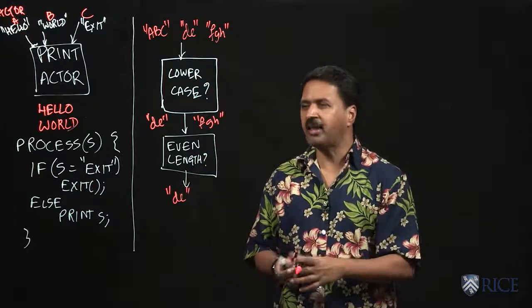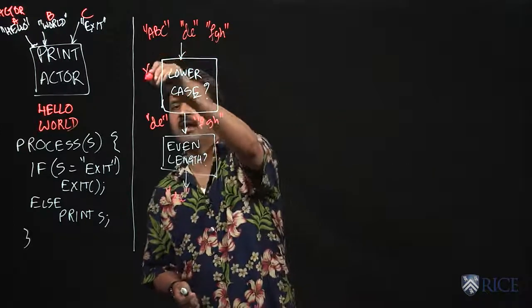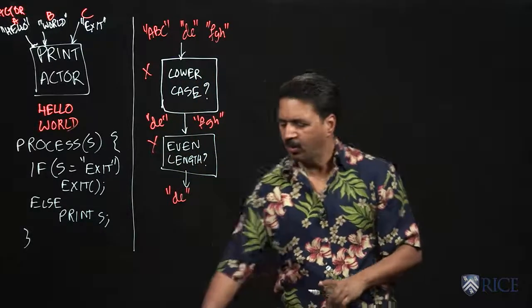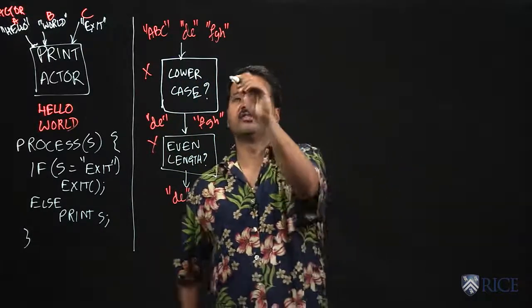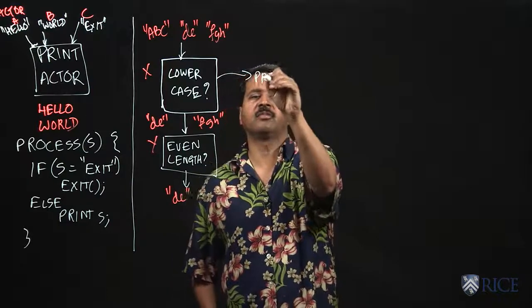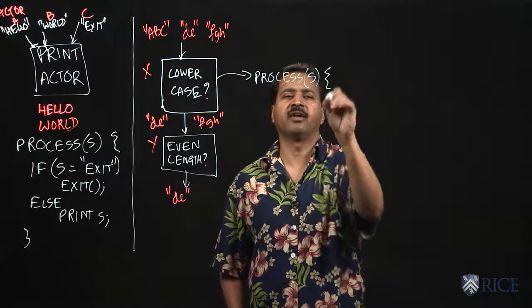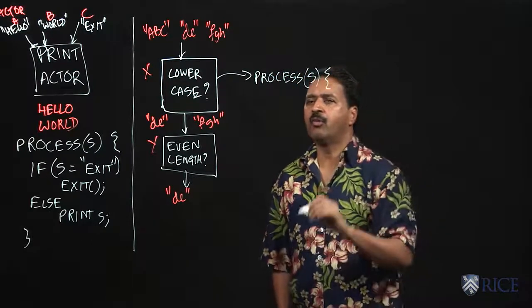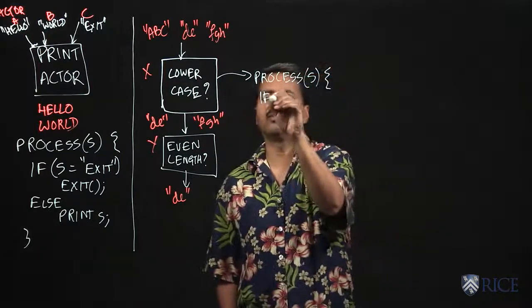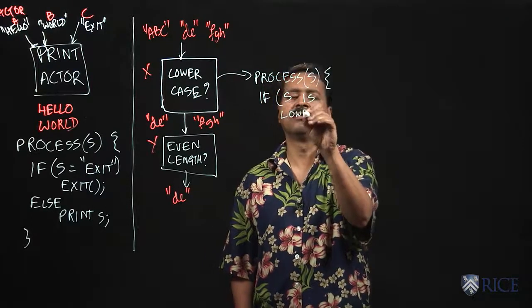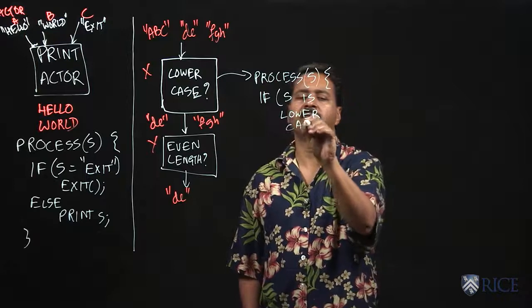So let's say these actors are named X and Y. How would we implement the code for one of these actors? Well, for something like X, we'd again have a process method that takes a string, and what we want to do is check if the string is lowercase.